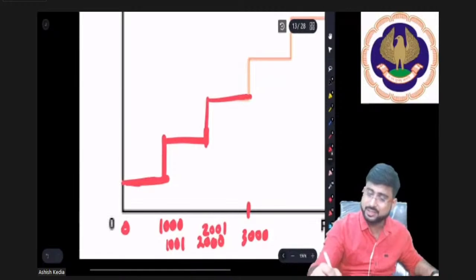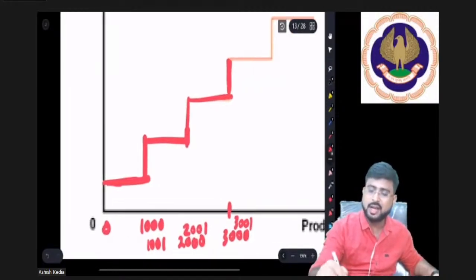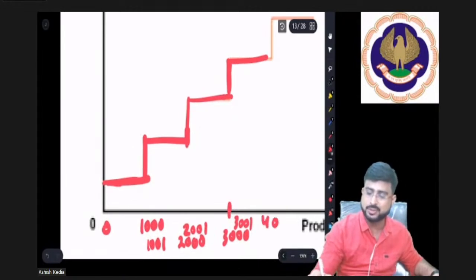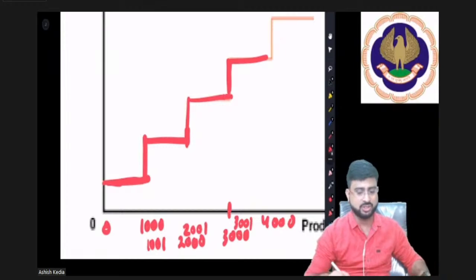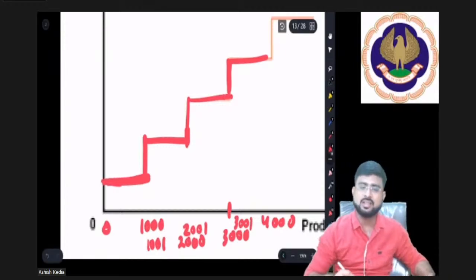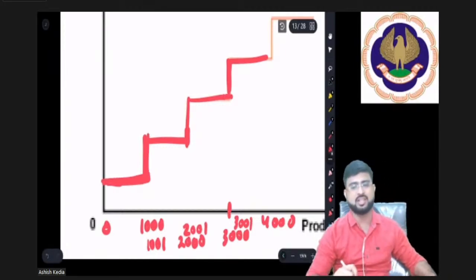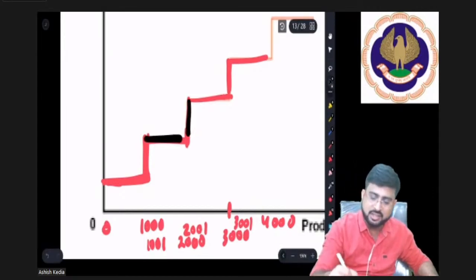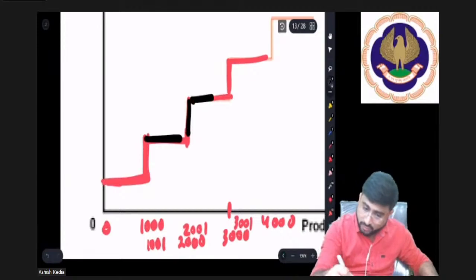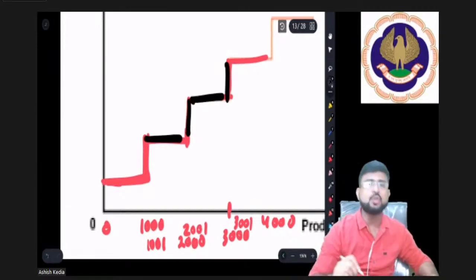Again it is fixed, and it increases when we move from 3001, and then remains the same till 4000 units. My dear friends, that's what stair-step variable cost is: fixed within a range, but it increases when you shift the range.